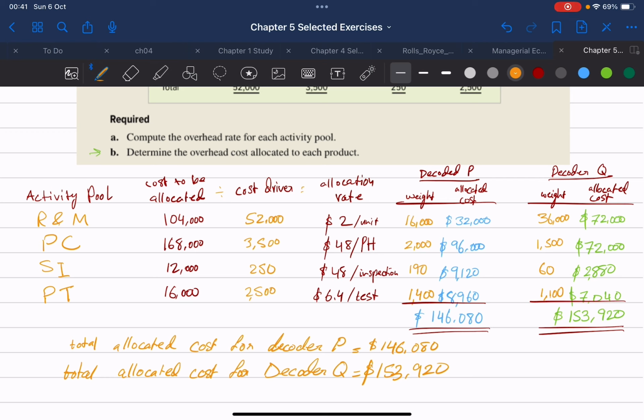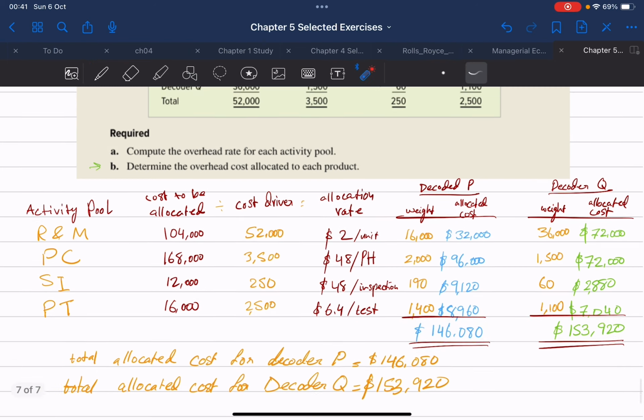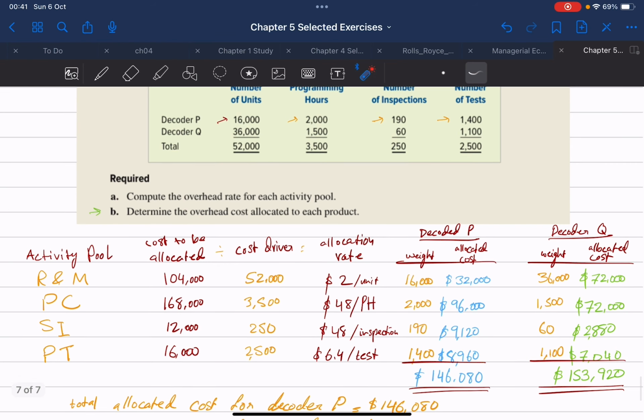Okay. The question did not ask for it, but you could also go ahead and calculate the per unit numbers, basically by dividing each allocated cost by the number of units produced. So we'll take the 146,080, which is this one here, and divide it by 16,000 units. Let me do it. 146,080 divided by 16,000 units.